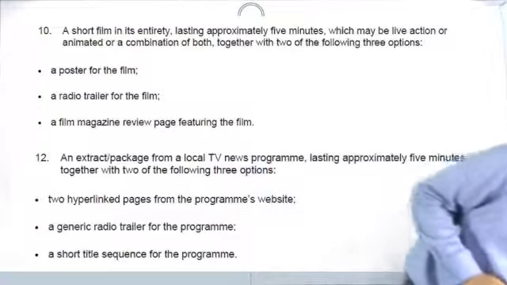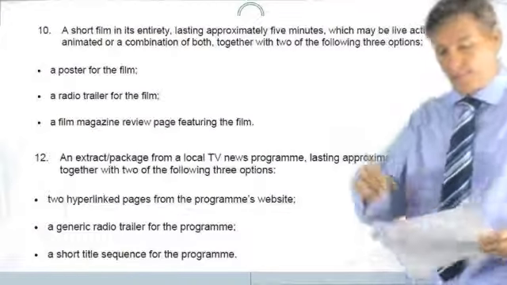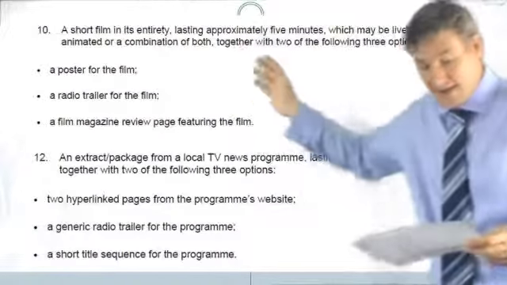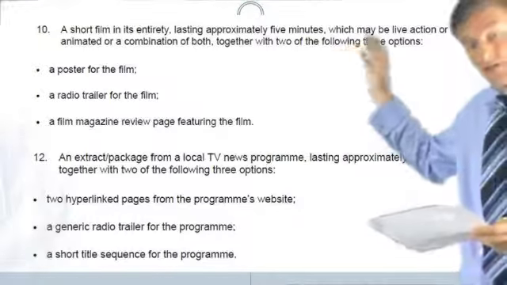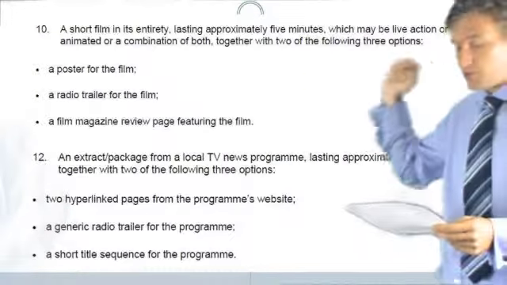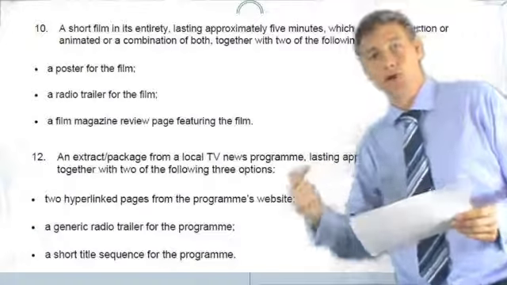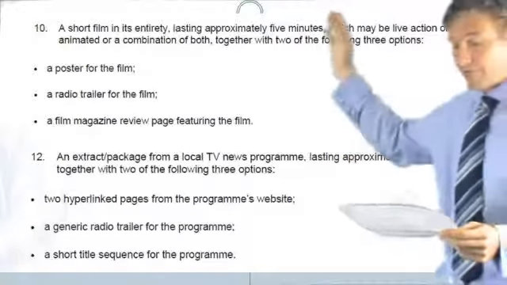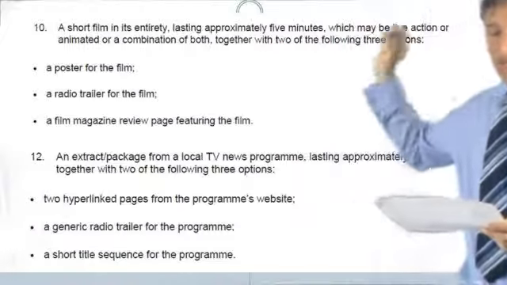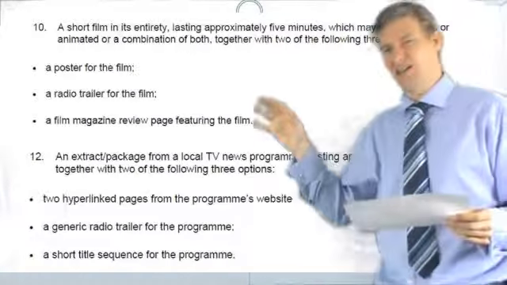Right, in this case, option 10 is a film. So it's again working in moving image. You can do a short film in its entirety, so it's not a trailer and it's not the opening of the film, lasting about 5 minutes, which might be live action or animated or a combination.